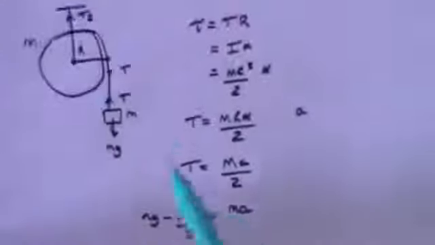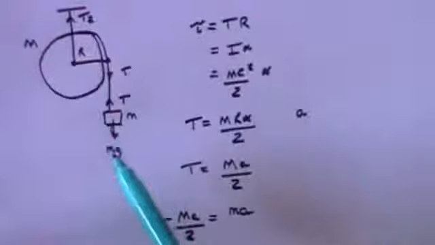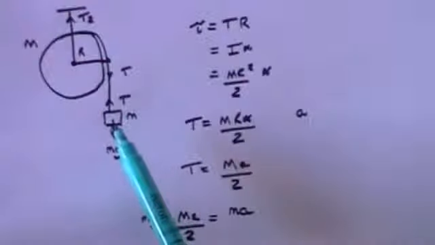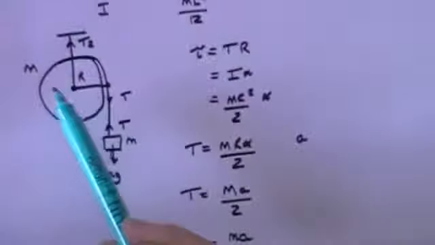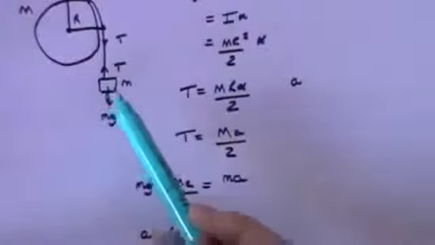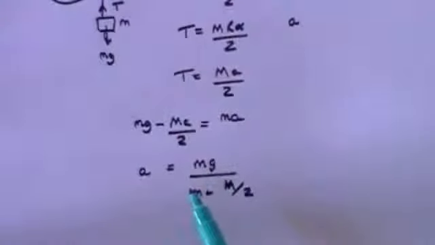But if you have a pulley, the acceleration will not be equal to g, because some of the force acting downwards is being translated into rotational energy in the pulley, and that reduces the force acting downwards on this mass, and so reduces the acceleration with which it will fall to the ground.